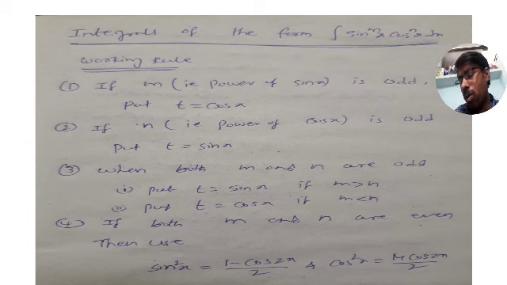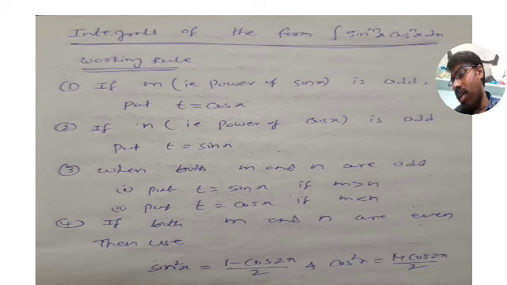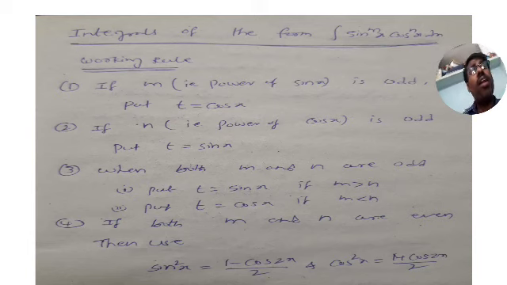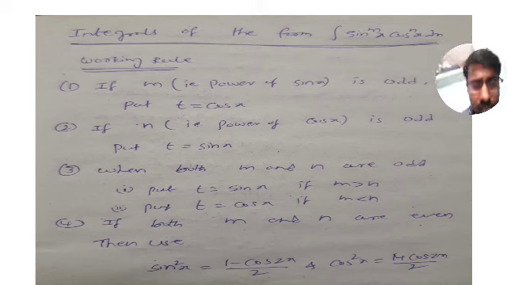So what to do? You have to follow the working rule that has 4 steps. Very easy. If you follow them, you can very easily solve the problem. You can solve the integrals of which form? Sin power of m into cos power of n. Sin power is m and cos power is n. If m is an odd number, 1, 3, 5, 7, 9, 11 and so on.